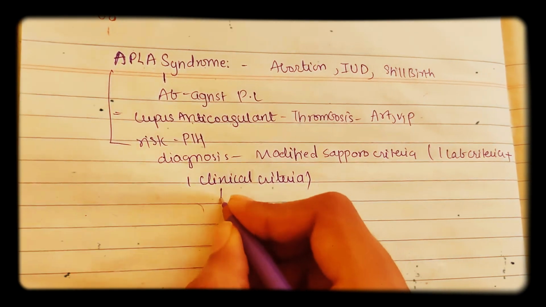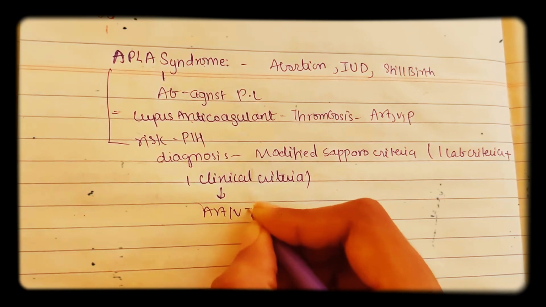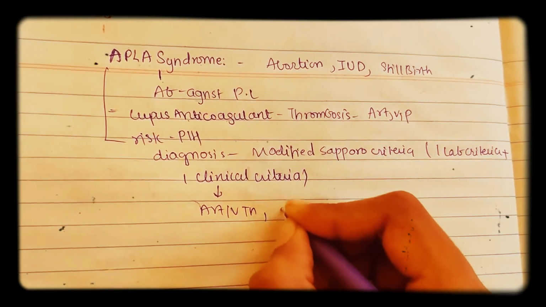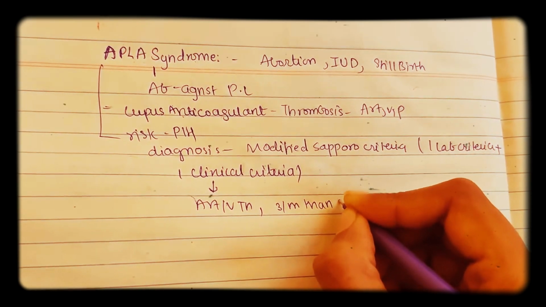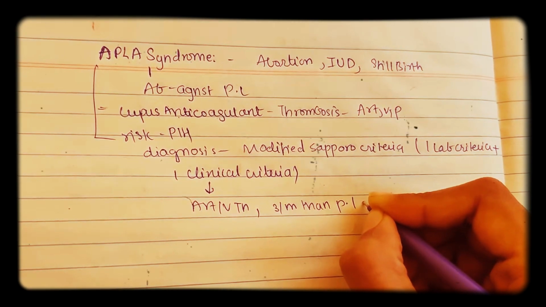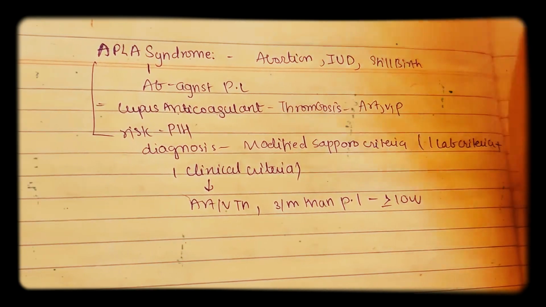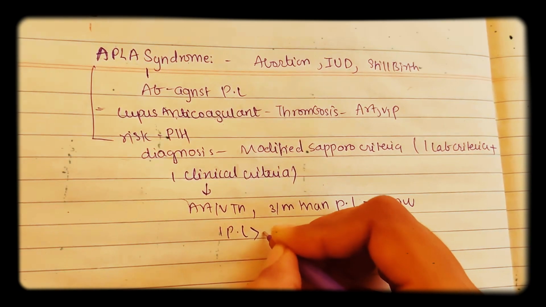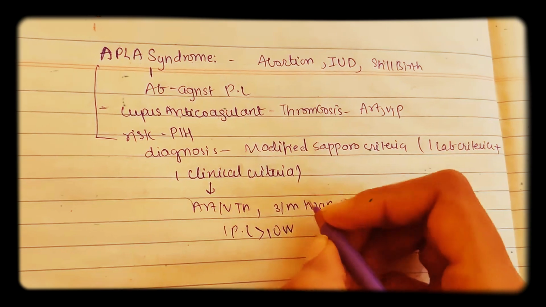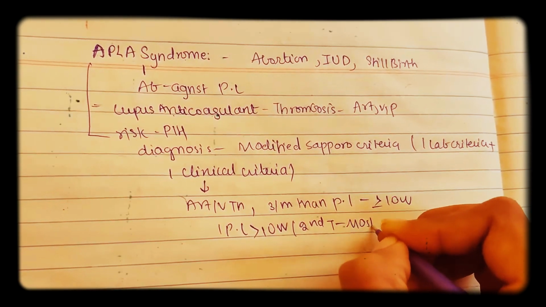Now let us see the clinical criteria. One clinical criterion is arterial or venous thrombosis, and three or more pregnancy losses occurring at less than 10 weeks, and one pregnancy loss occurring at more than 10 weeks, like in the second trimester, which is more specific.